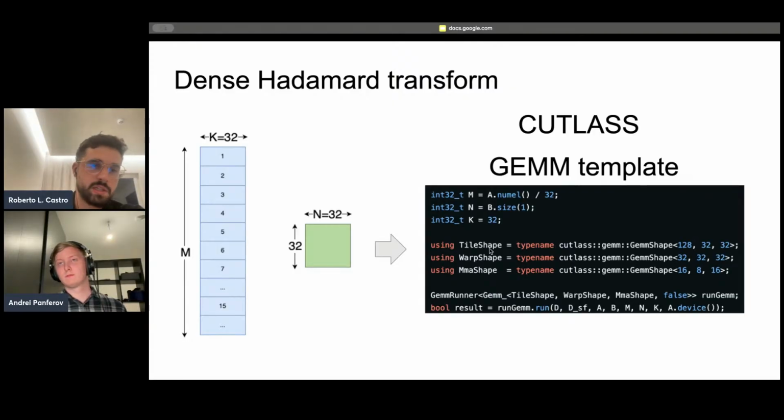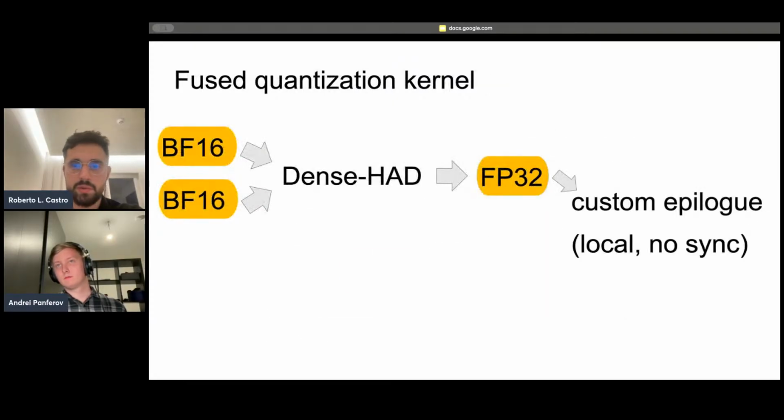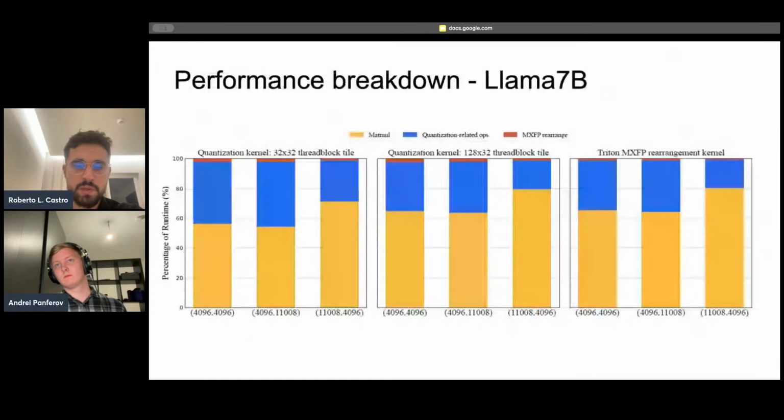The larger this tile shape, the more efficiently we can manage this data, and as this is a memory-bound problem, this is just going to accelerate the performance of our kernel. And so that's the reason why we increase the performance from this first figure to this second one.